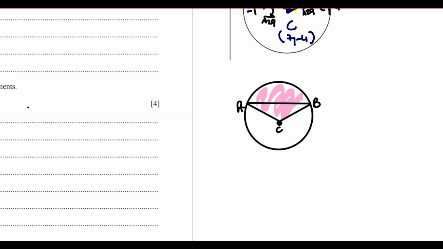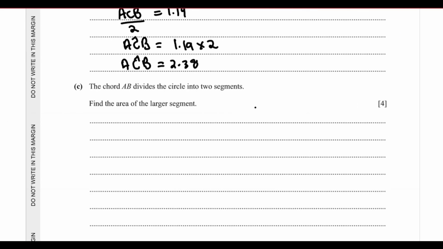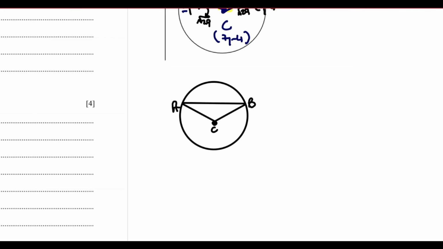What is the segment? They talk about chord AB. Where's chord AB? Over there. So you have the smaller segment there and then the larger segment at the bottom. That's the area that we need.